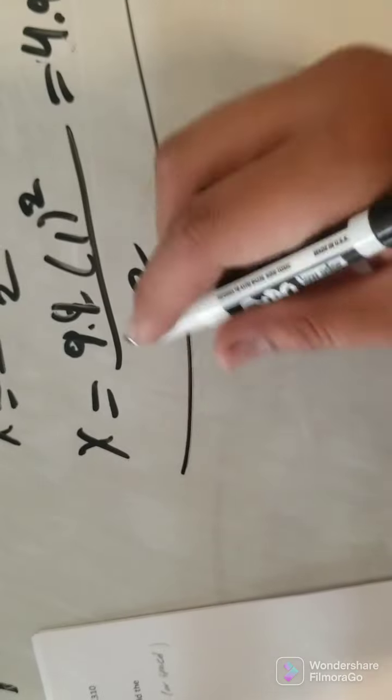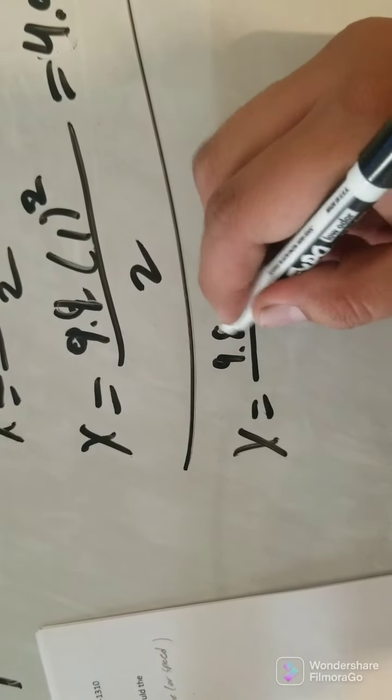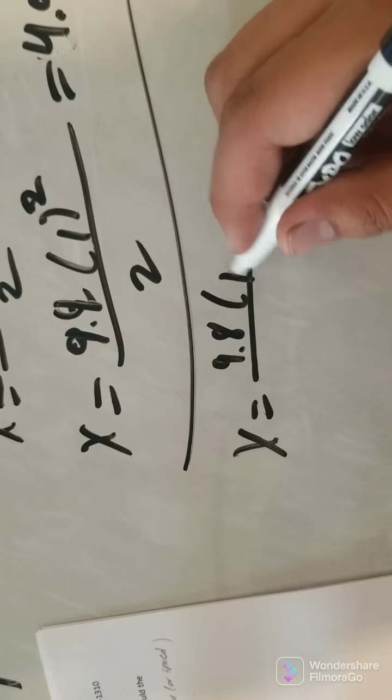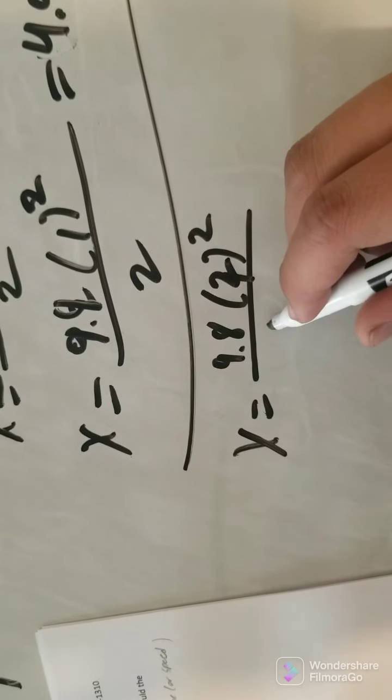So for the second one, if they're 1 second apart, the initial separation is 4.9 meters. It's going to be the same formula, x equals 9.8 times, but it's going to be 2 this time because you're giving it a second before they drop.